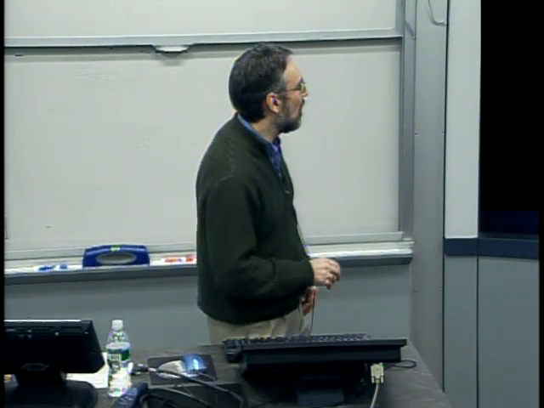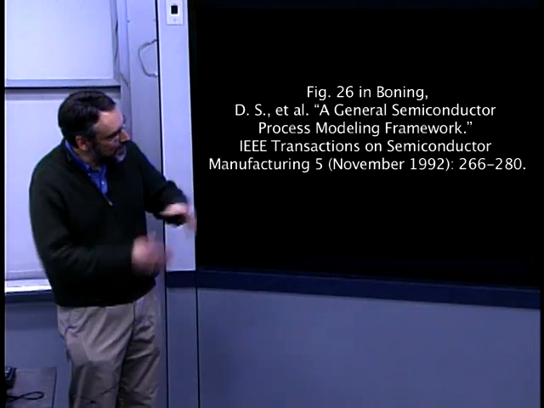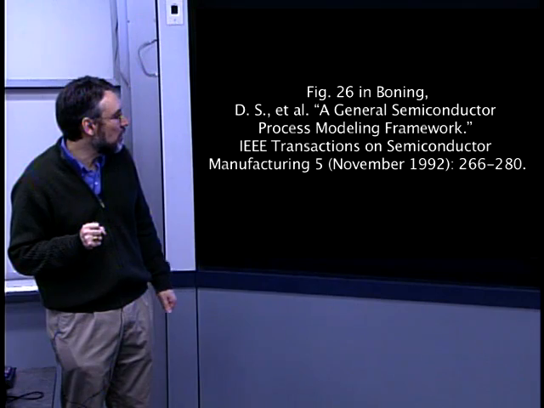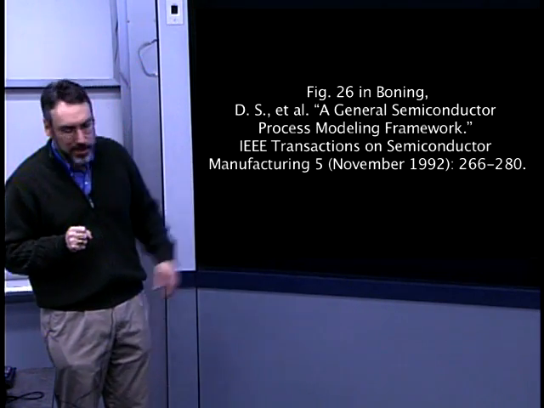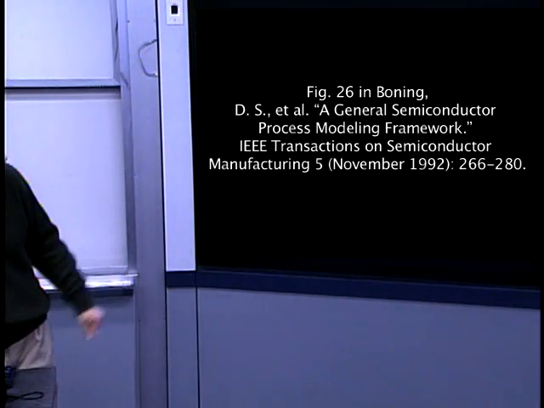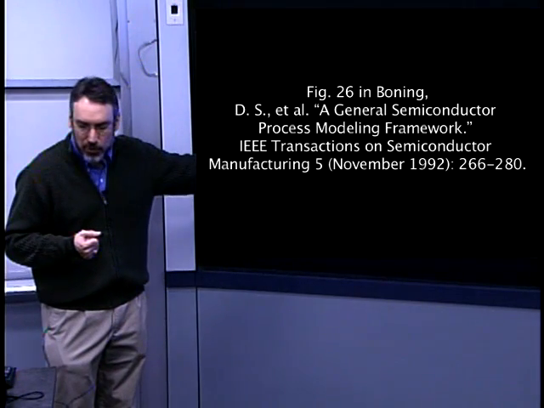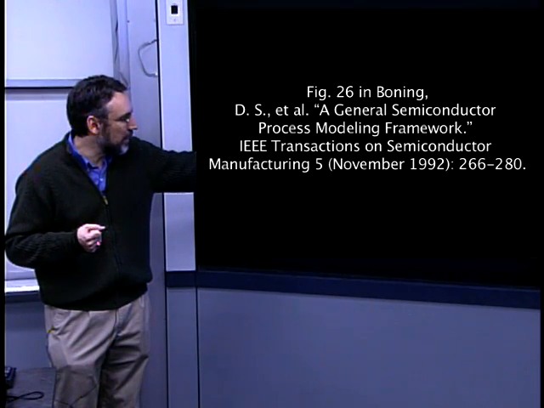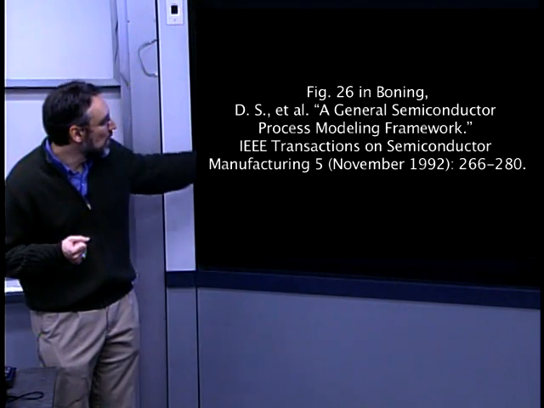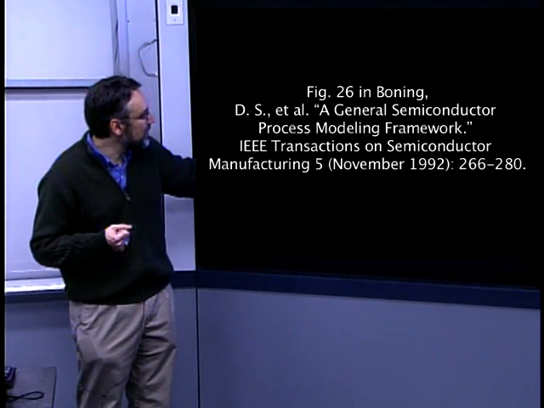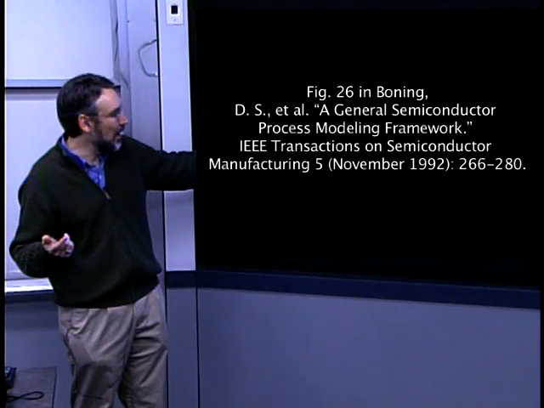So what I want to do now, with that as the overview of the unit processes and how they all stack up to build a more complicated structure, is talk a little bit about the input-output picture of semiconductor processing. This is very similar to our generic picture, that process control overview that hopefully you guys have started reading, where we've got different inputs to the unit process, including the raw material, the wafer.